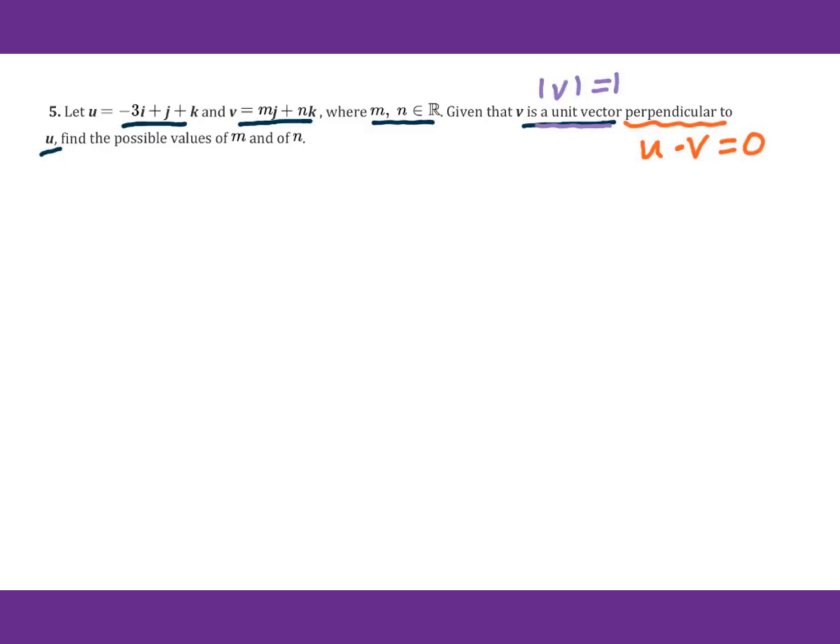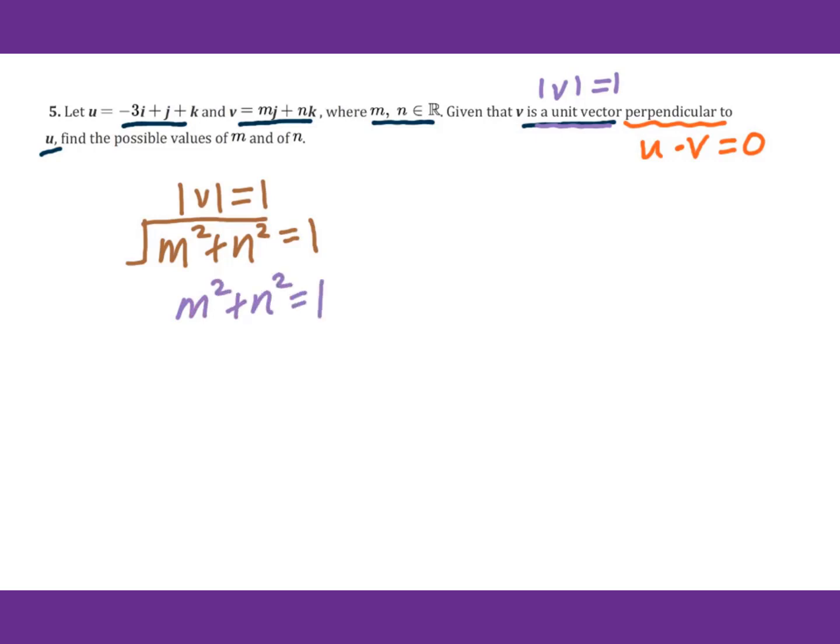So we will set up the magnitude of V equals 1, which means I have square root of M squared plus N squared equals 1. So we have M squared plus N squared equals 1.